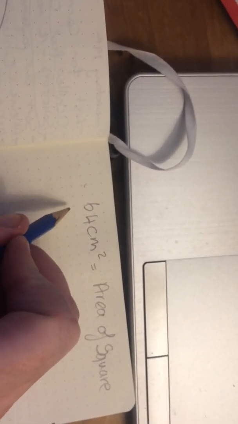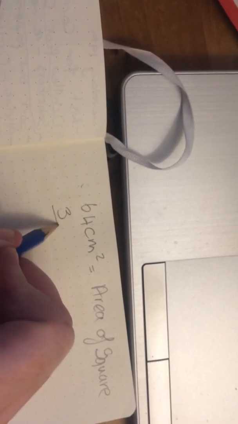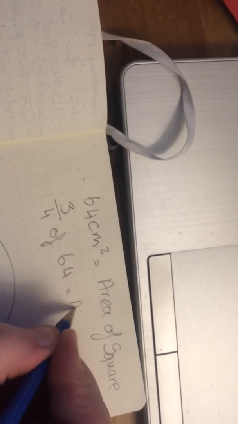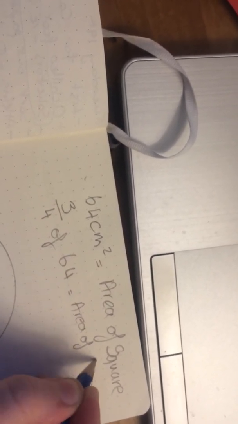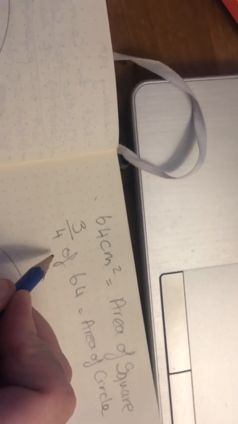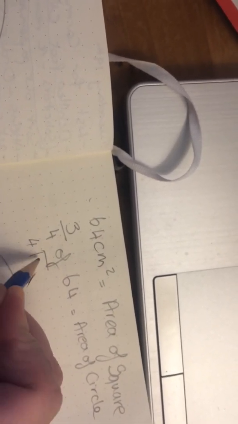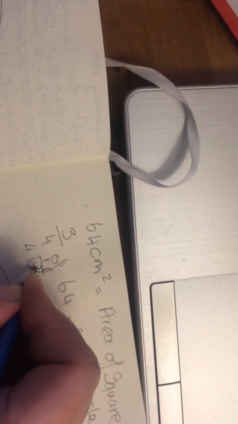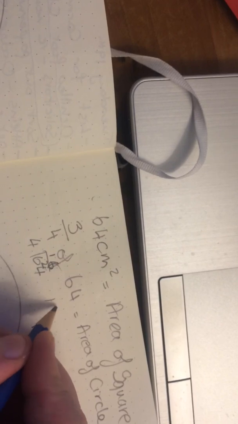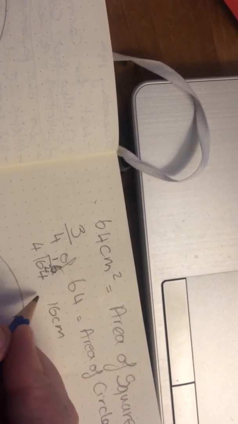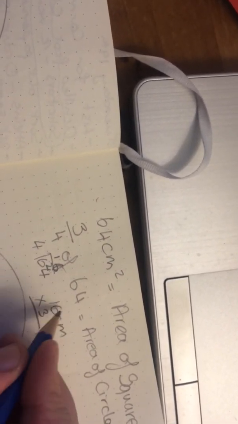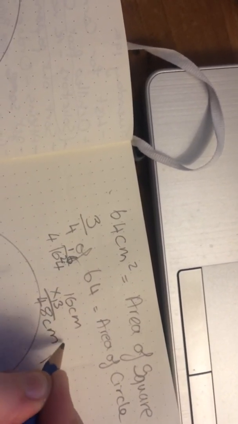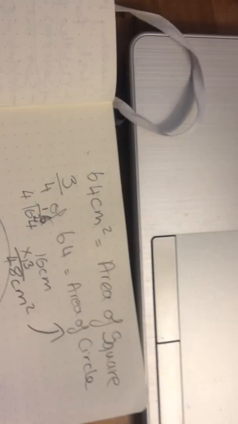So we know 3/4 of 64 will give us the area of the circle inside. So 64 divided by 4 gives us 16. And then to find 3/4 we multiply by 3. 3 sixes are 18, carry the 1, 3 ones are 3 and 1 is 4. So 48 centimetres squared is the area of the circle.